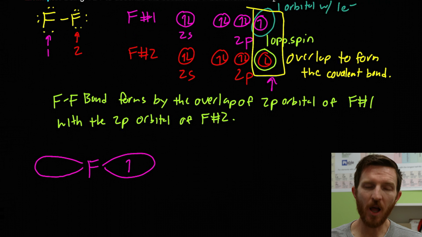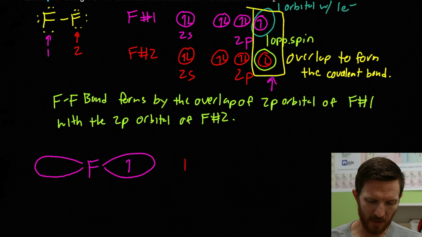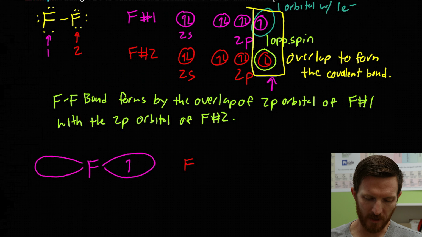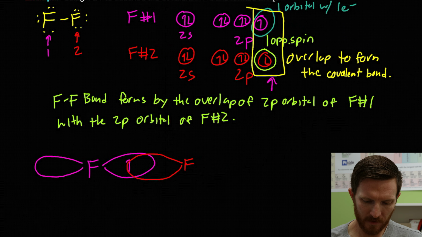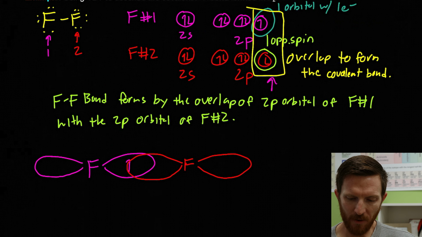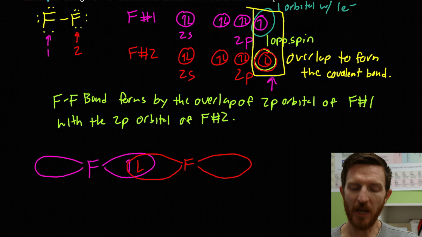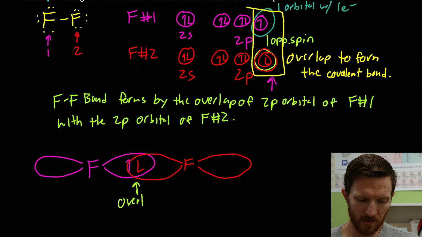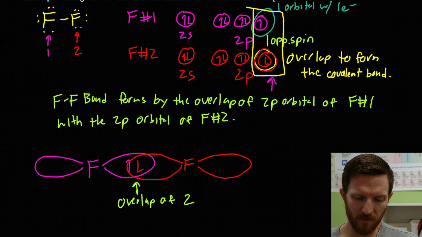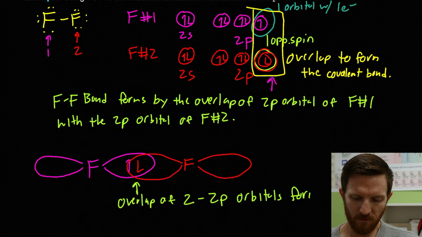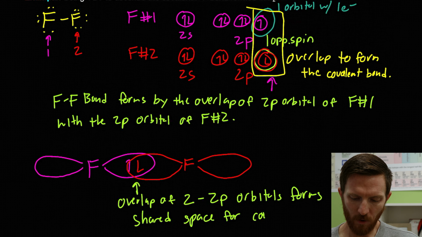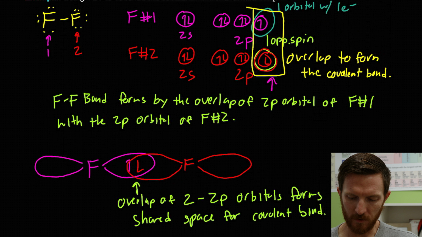Now we look at our other fluorine atom. This would be the nucleus of our second fluorine atom, and again we have our atomic orbitals for these two fluorine atoms. Now we see we have this other electron here that has a down spin. The overlap of those 2p orbitals forms the shared space for our covalent bond to form.